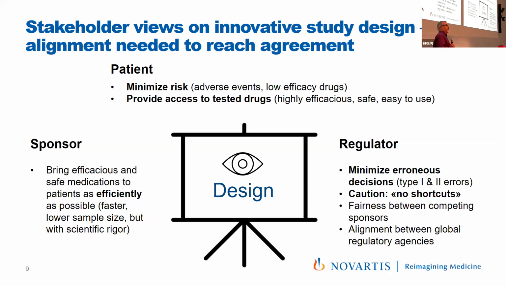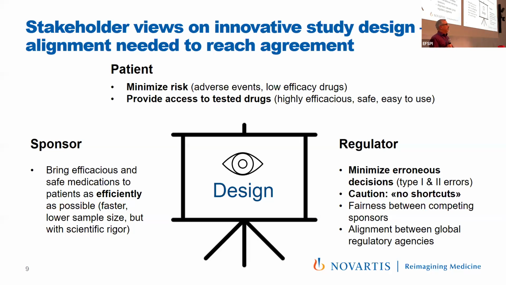My experience from the regulatory side is that the main concern is to minimize the risk of erroneous decisions, which is well understandable. So power: is the study powered enough? Or could it be non-informative at the end? What's the risk that we approve a medication that's actually not efficacious? So type 1 error and type 2 error control. And of course, sometimes these adaptive designs and complex designs may be perceived as a shortcut.